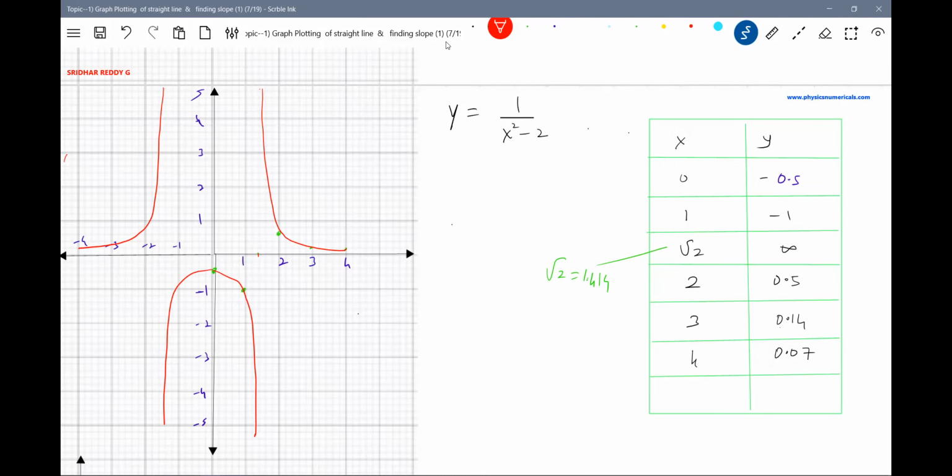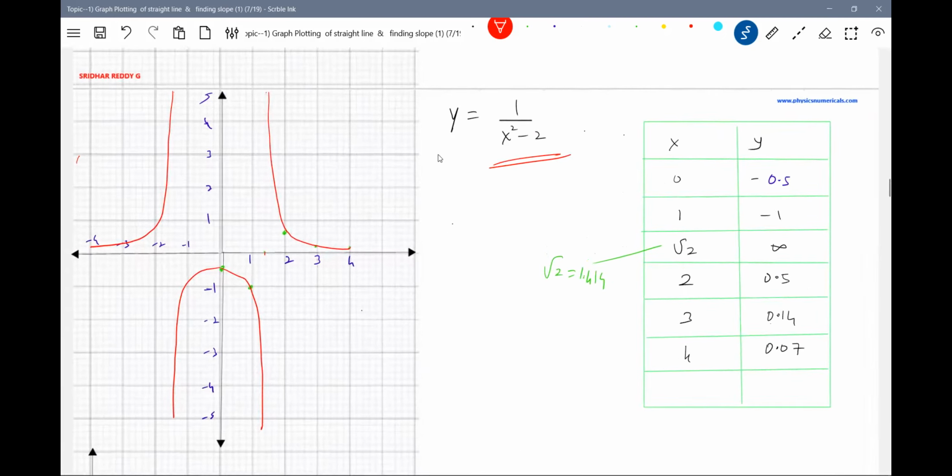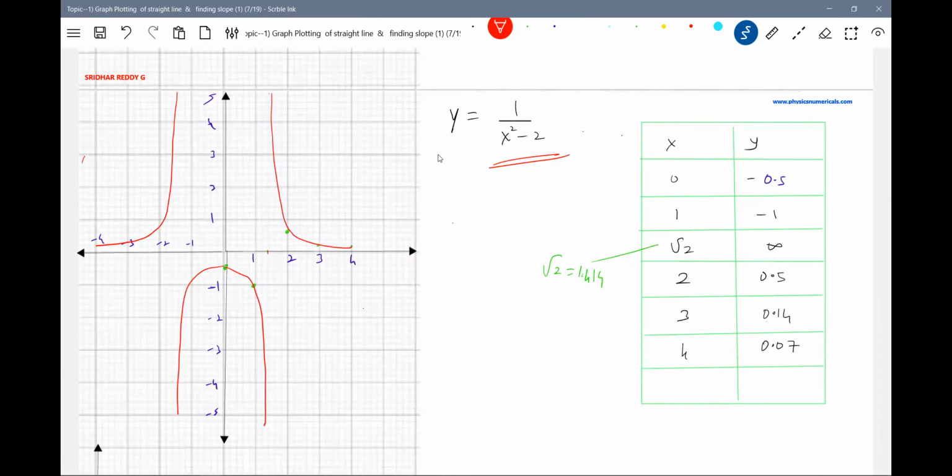It is a smooth curve, not a straight line. For this equation, the corresponding graph will be of this kind. Able to make it out? Some discontinuity will be there because of this.